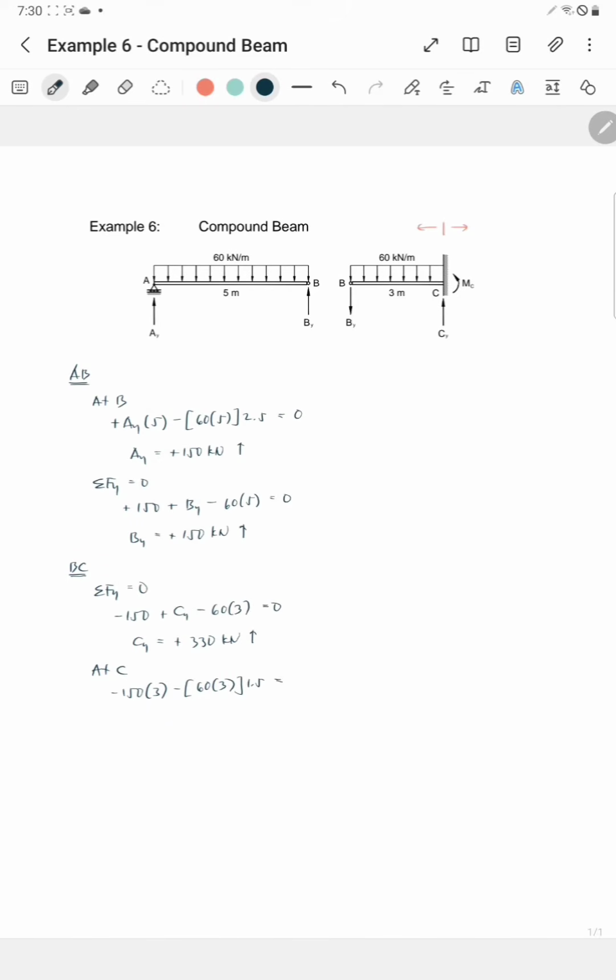Then equal to the moment right of C. So in-assume natin na upward yung MC, so it is positive. So that the moment at C is negative 720. So negative means yung assumption natin na upward is wrong. So ang tama pala, MC dapat is downward.